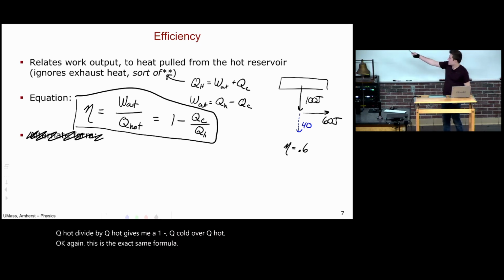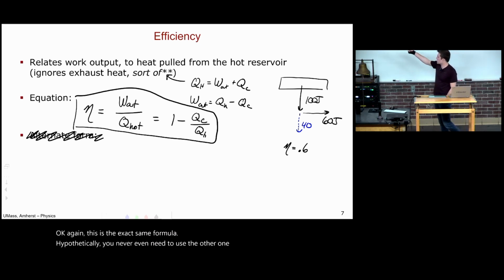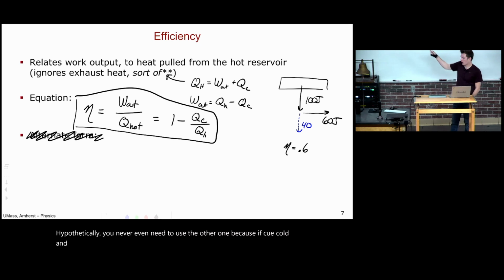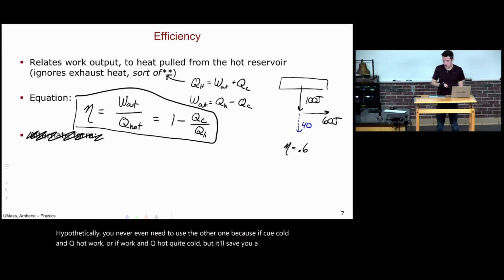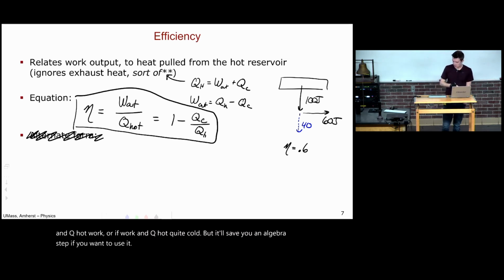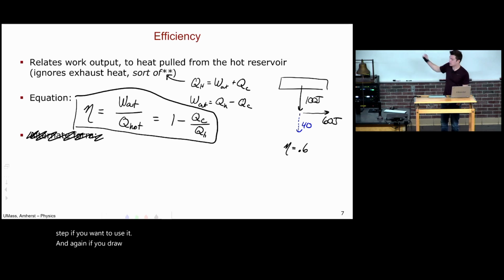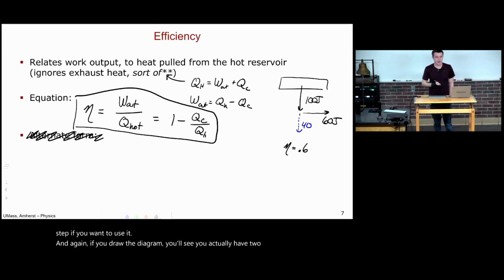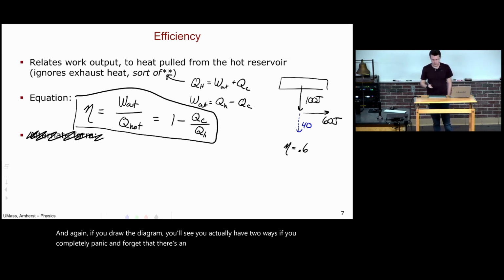Hypothetically, you never even need to use the other one, because if you know Q cold and you know Q hot, you know work. Or if you know work and you know Q hot, you know Q cold. But it'll save you an algebra step if you want to use it. And again, if you draw the diagram, you'll see you actually have two ways. If you completely panic and forget that there's an alternate form, you'll be all good.